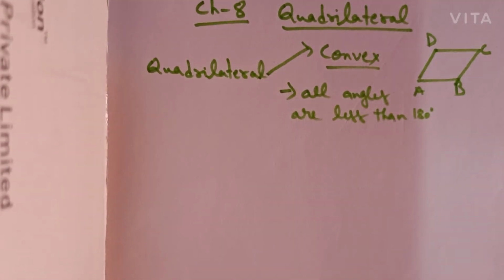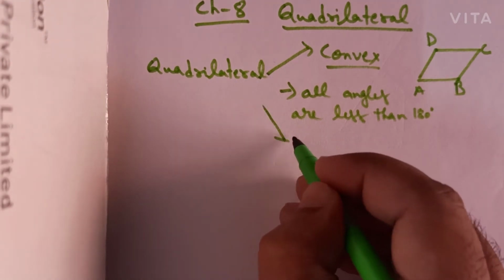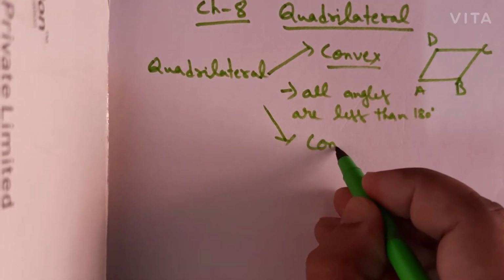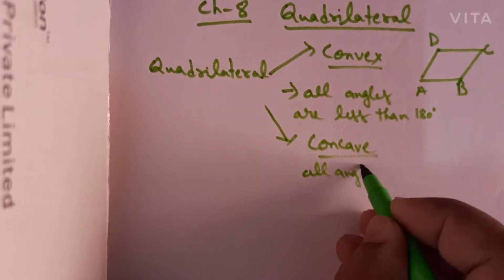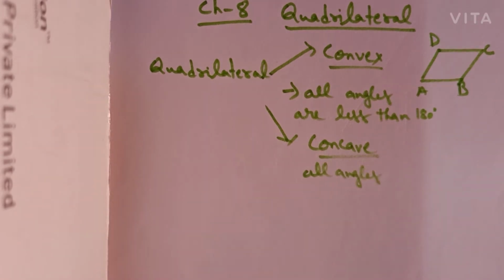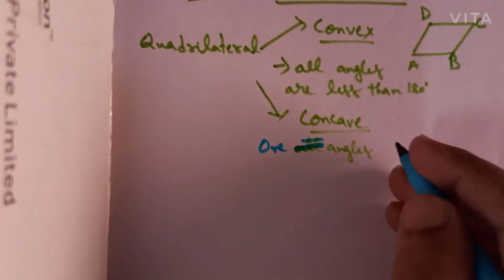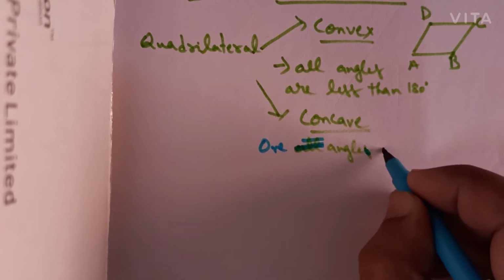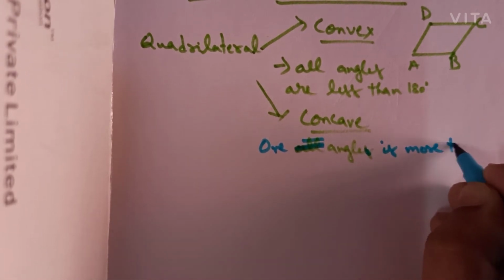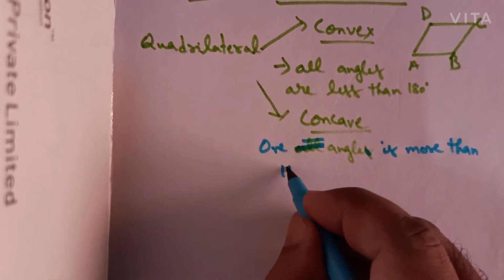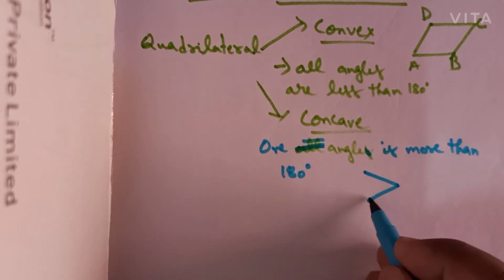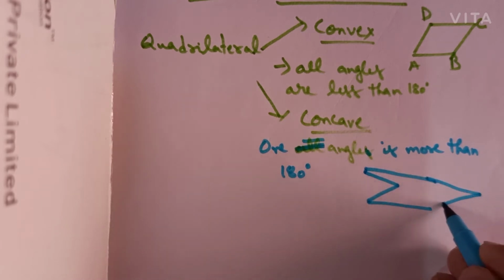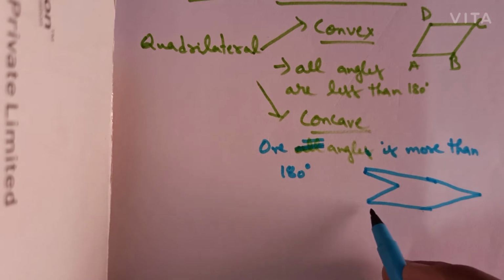Now the second type of quadrilateral is a concave quadrilateral. A quadrilateral in which one angle is more than 180 degrees is called a concave quadrilateral. Like here, this is a quadrilateral.